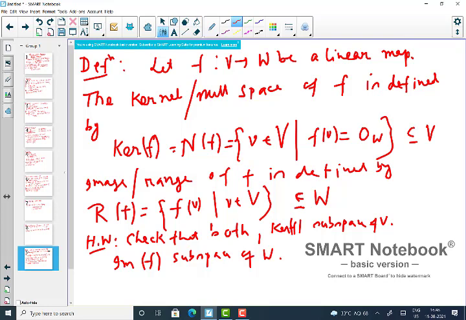Either you can use the definition that it is a vector space, or you have the equivalent condition that 0 belongs to it, and it is closed under addition and closed under scalar multiplication.